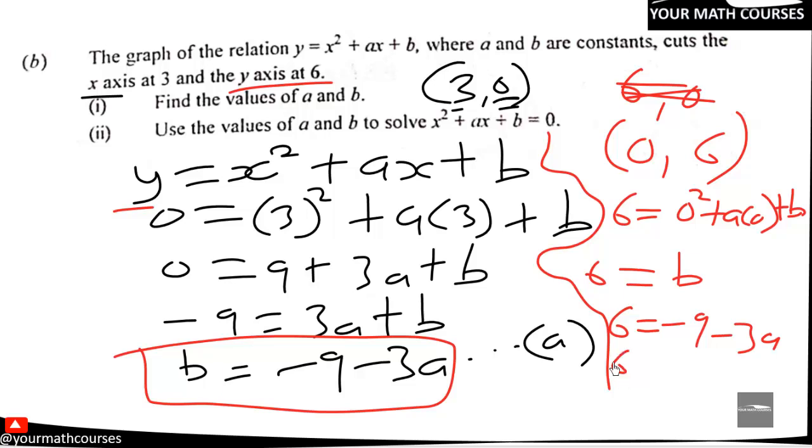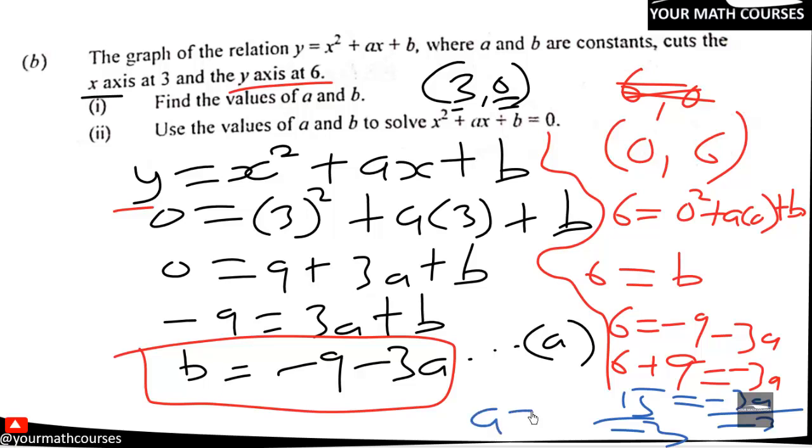So we have 6 plus 9 is equal to negative 3a. So we obtain 15 is equal to negative 3a. When we divide both sides by negative 3, we get a to be equal to negative 5. So we find the value of a to be negative 5 and b to be 6.